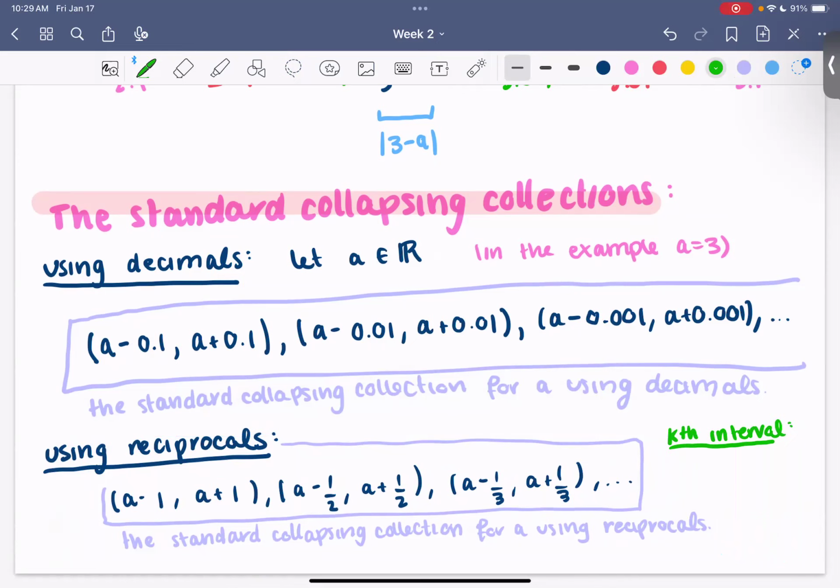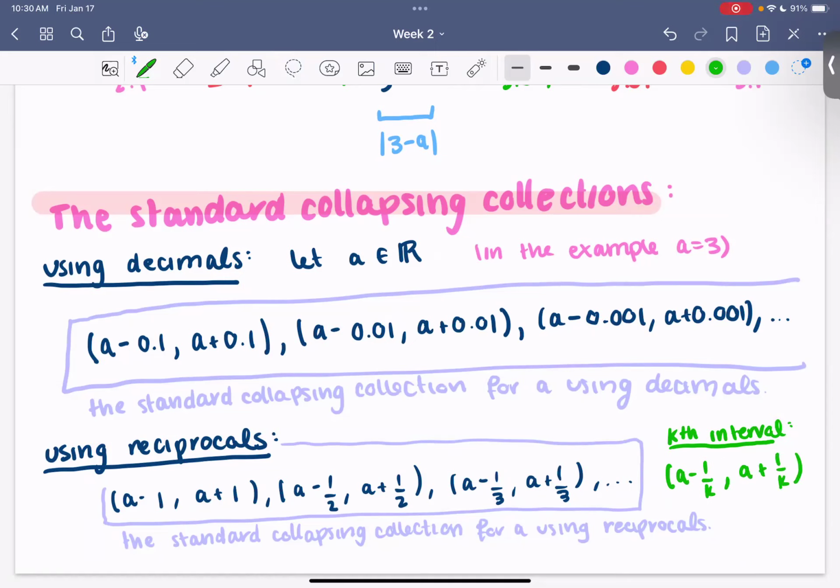So the first one, well, I wrote this maybe in a bad way, but you can think of 1 as just being 1/1. So the first element in the list deals with 1/1. The second one deals with 1/2, and the third one deals with 1/3. So the kth one in the list will deal with 1/k. So we can write down that this will be a minus 1/k up to a plus 1/k.